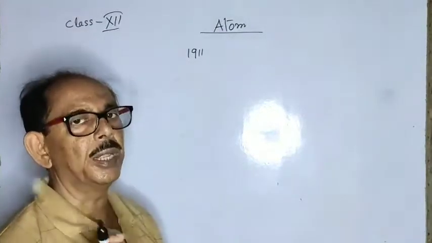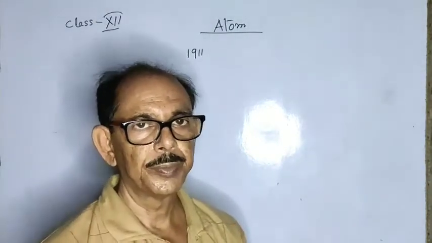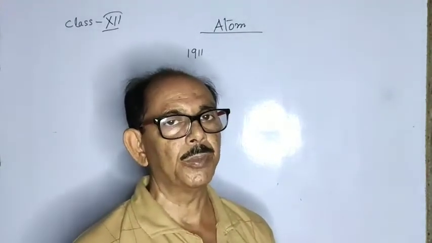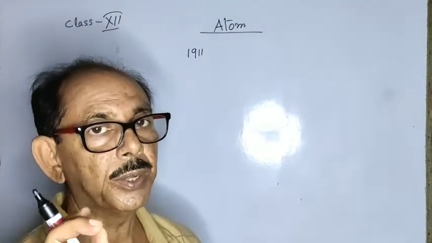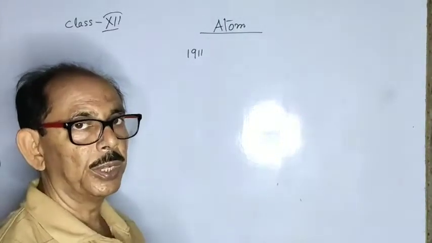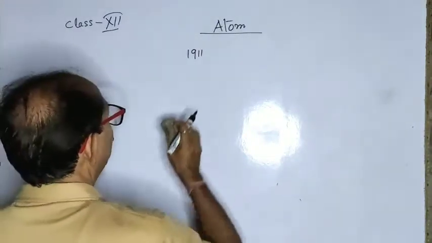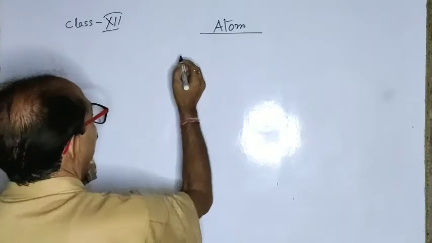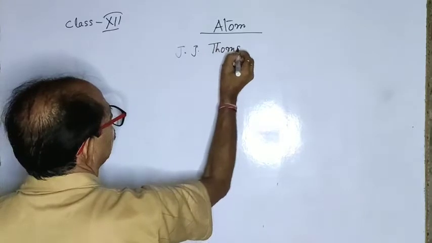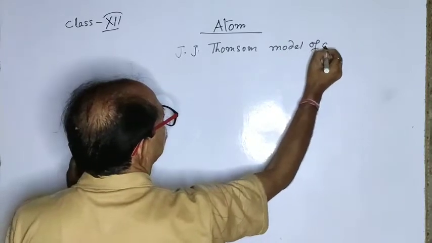In 1911, for the first time, the first attempt was made by J.J. Thomson to describe the shape and structure of the atom. He proposed his model of the atom, and that model was known as the J.J. Thomson model of atom.